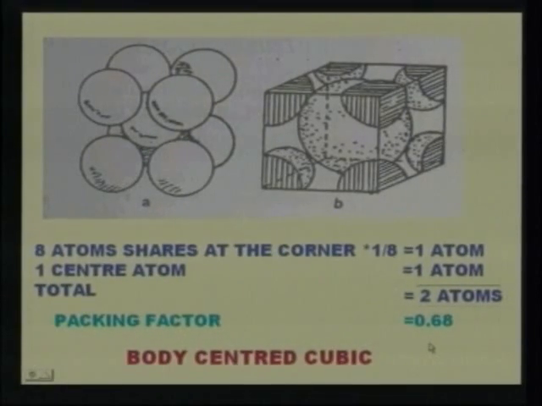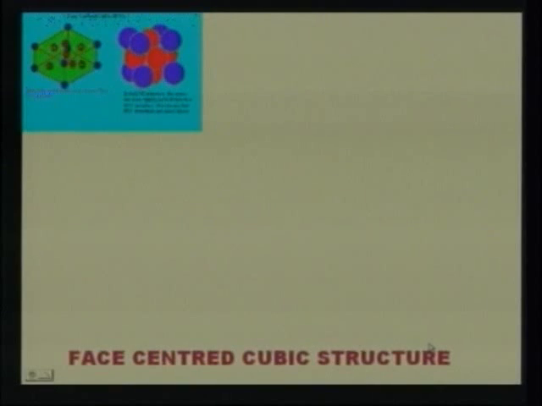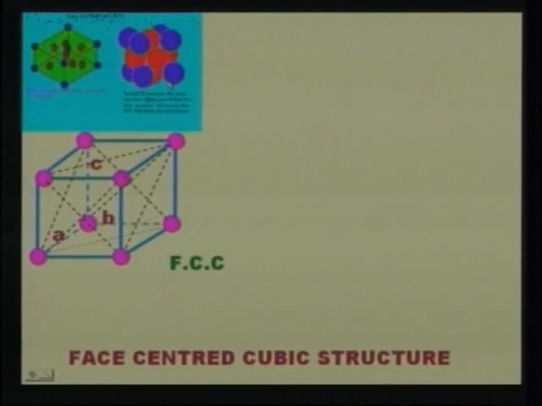Now let us see another type of lattice. This is face centered cubic structure. Now you can see the atoms are arranged on faces of the cubic along with the atoms arranged in the corners of the cube. Now you can see the clear picture of FCC. Here there are atoms arranged in the corners.